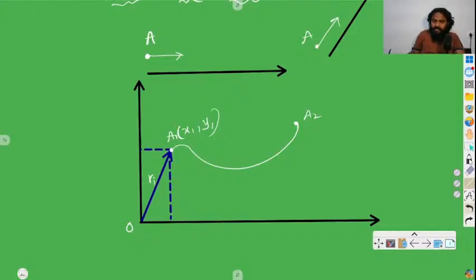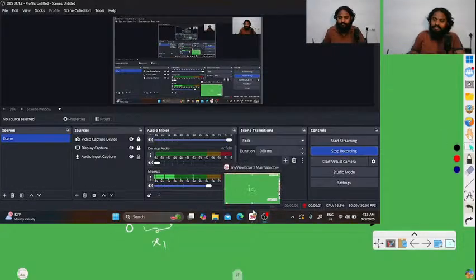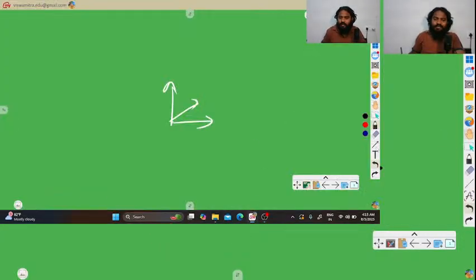If you measure from origin to here, it is the distance y1, and here to here the distance x1, right? The particle A is initially at the point x1, y1 in a coordinate system. Here Ri is called the position vector.